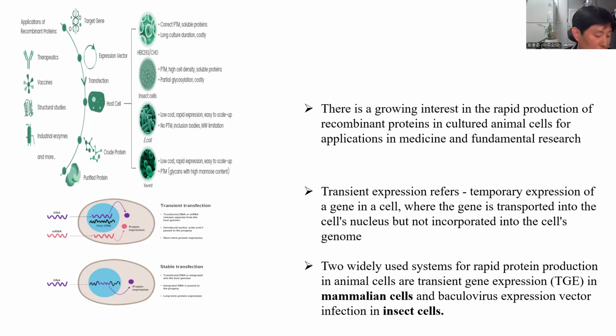T3 and T7 promoters are from the bacteriophage DNA, because the virus only infects bacteria. We call that bacteriophage. Bacteriophage has a very potent promoter, which can be used in E. coli. So T3, T7 promoter is used for bacterial expression.